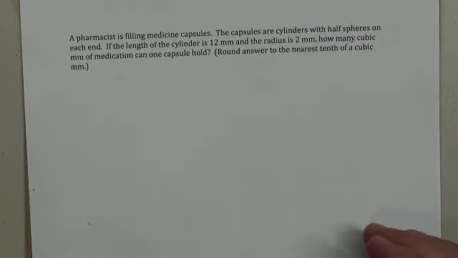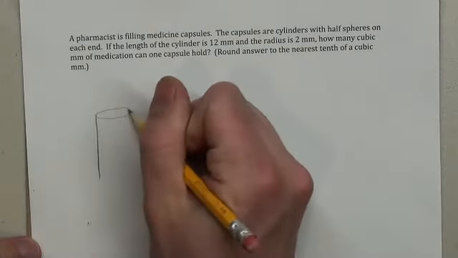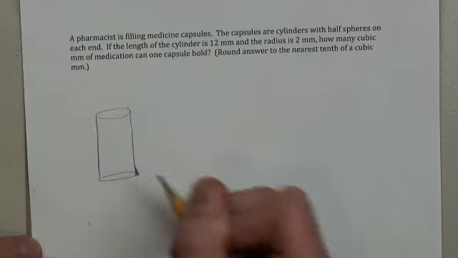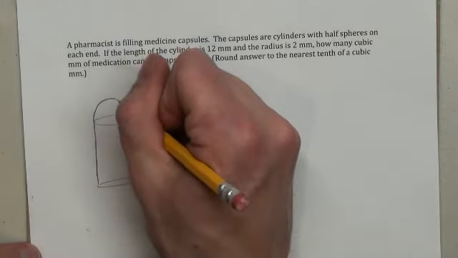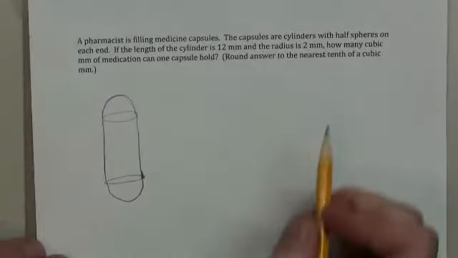A pharmacist is filling medicine capsules. The capsules are cylinders with half spheres on each end. Okay?